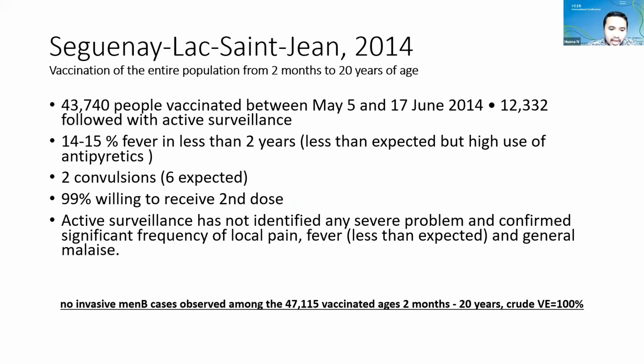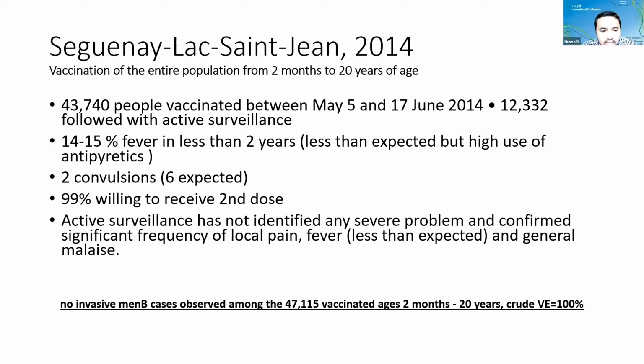And as you can see here, this is the report from the clinical trial in Canada in Saguenay-Lac-Saint-Jean in 2014. They tried to vaccinate the entire population from 2 months to 20 years of age.